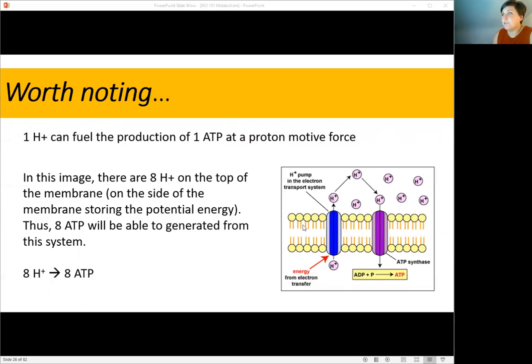In this image, you see 1, 2, 3, 4, 5, 6, 7, 8 hydrogen ions on this side of the membrane. This means that 8 ATP will be generated. This will be important primarily later, but I just want to mention it now as it pertains to the function of proton motive forces.